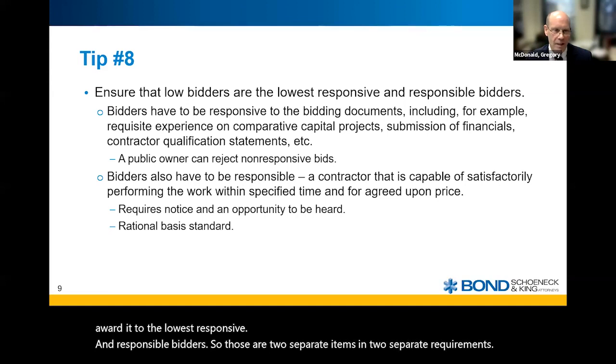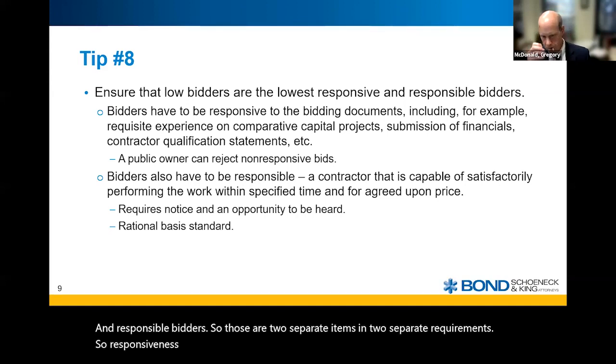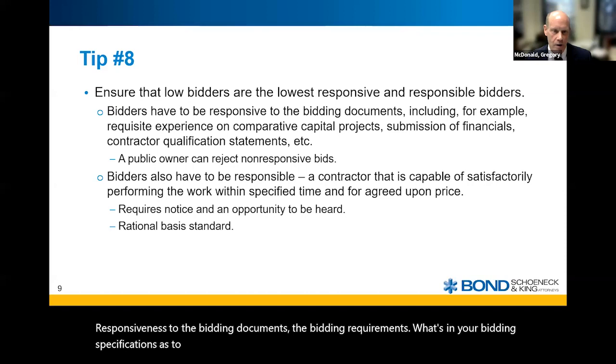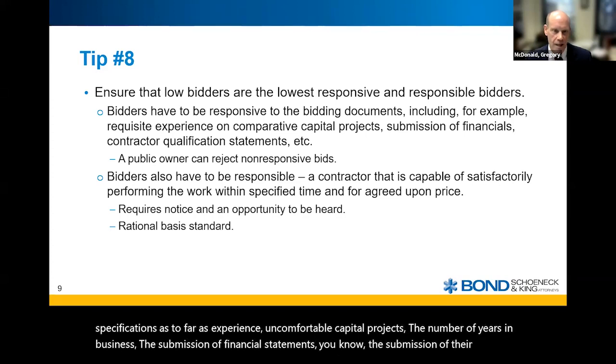So responsiveness speaks to the contractor's responsiveness to the bidding documents, the bidding requirements, what's in your bidding specifications as far as experience on comparative capital projects, the number of years in business, the submission of financial statements, the submission of their contractor qualification statements.